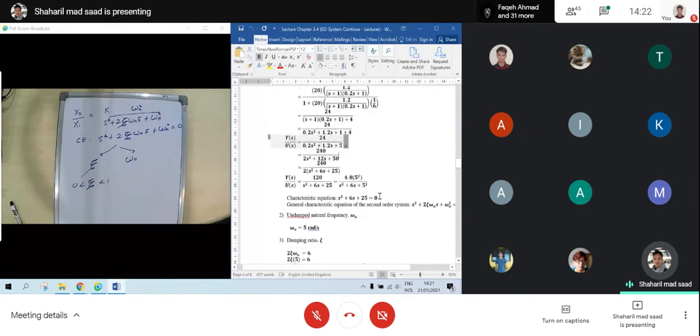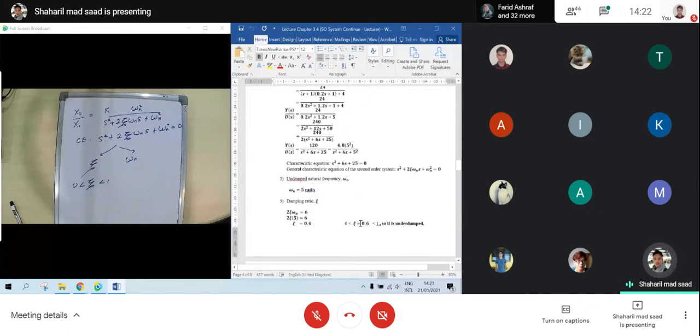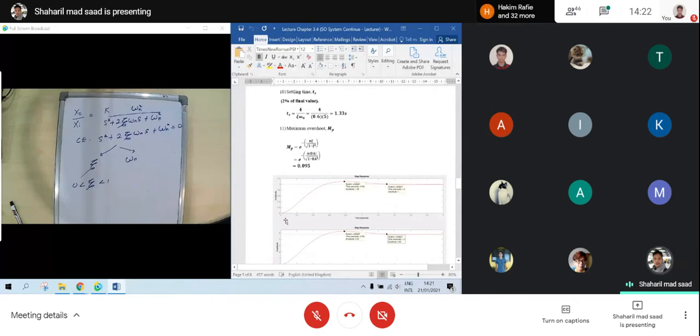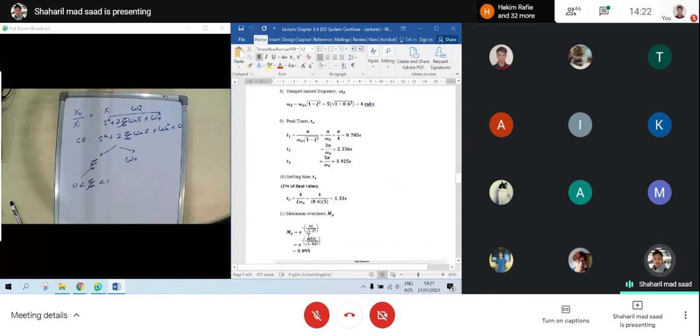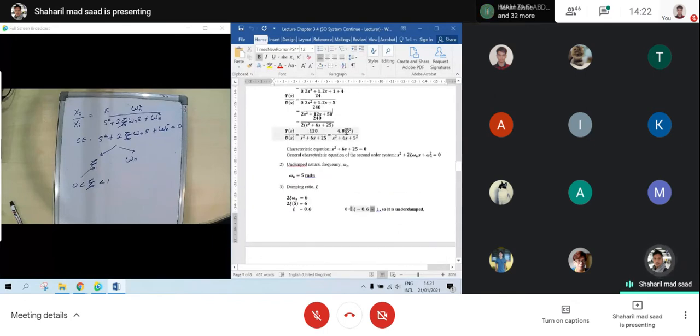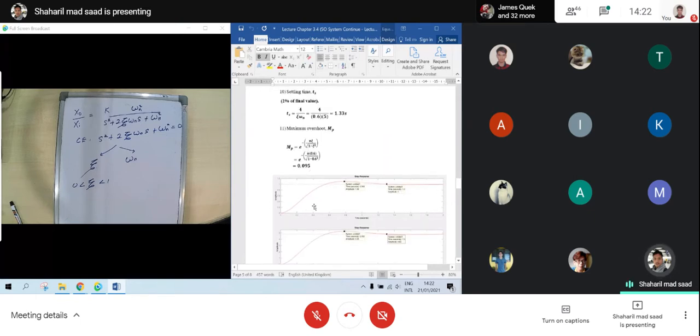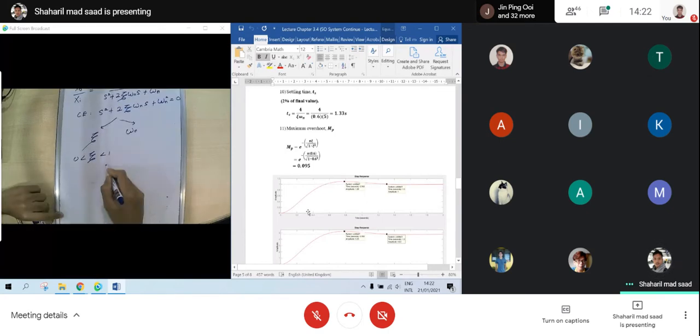And then after that you need to compare, so you need to find the damping ratio, and also you can start to draw. You can draw from the initial one, K equal to 1, and after that you can multiply with the value of K. For example 4.8, you can multiply it, so your graph will be, the first one will be 1, maybe like this one.